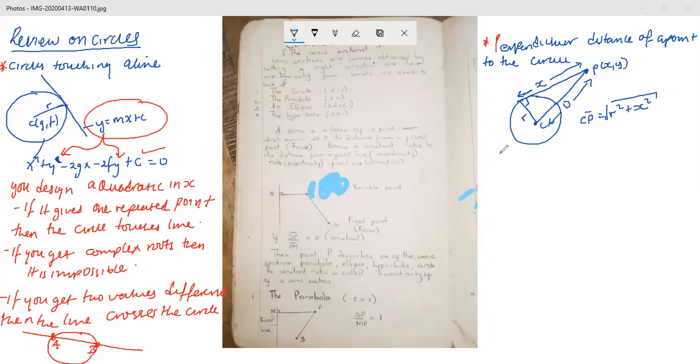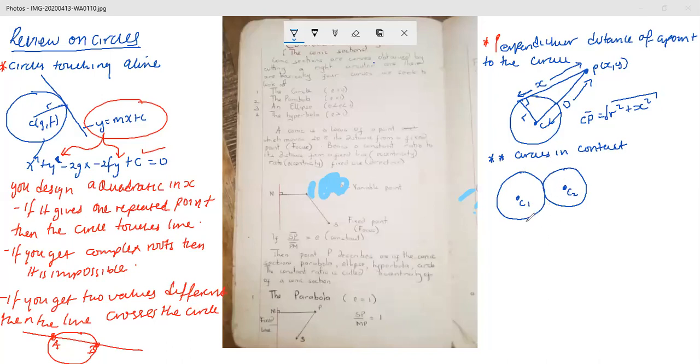Another condition I need to talk about is circles in contact. If I have a circle touching another circle, just touching, with this one having center 2, this one having center 1, then they just touch.